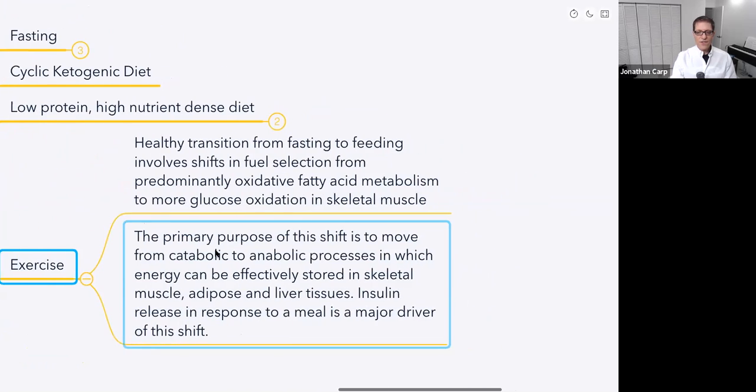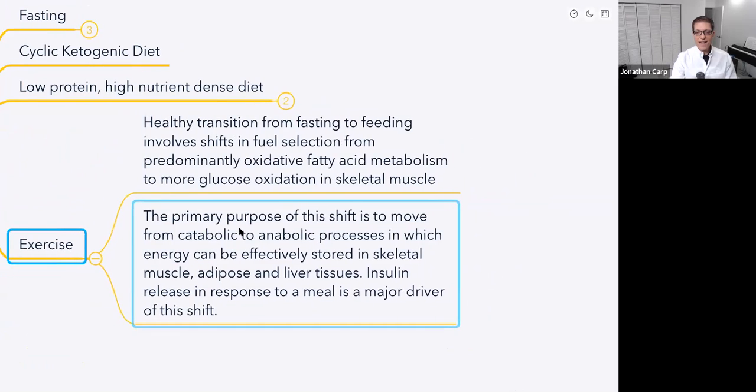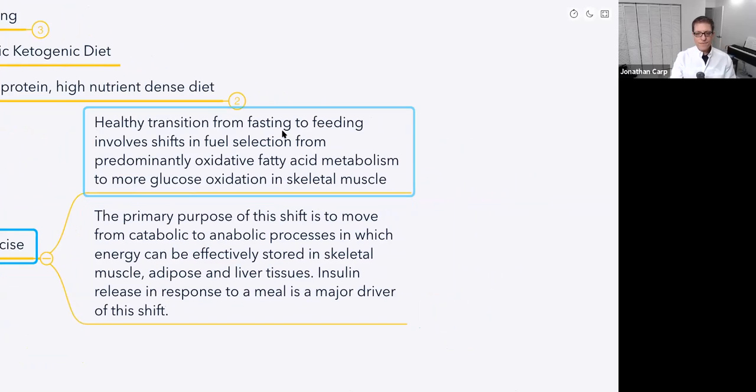Okay, exercise. So exercise is key to maintaining metabolic flexibility. It's something that I haven't mentioned in my previous classes about metabolic flexibility. But the healthy transition from fasting to feeding, as we've discussed, involves shifts in basically fat metabolism to more sugar metabolism in muscle.